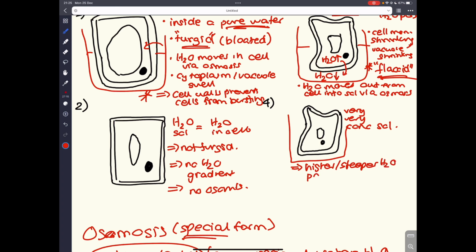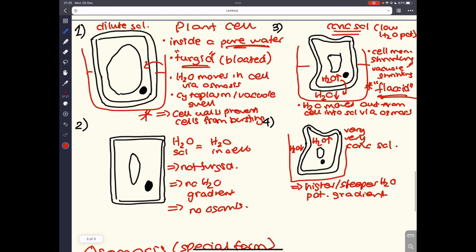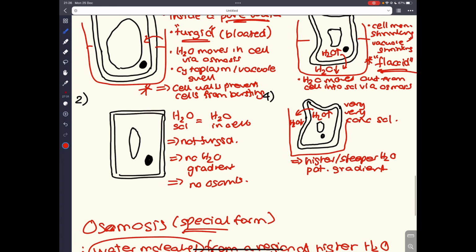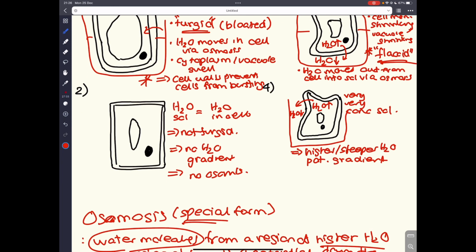If there is a higher gradient, the water inside the cell is obviously higher, and the water outside the cell is obviously much lower than in the previous example of number 3, so the water is going to move even more than in 3. So the cell is going to become really, really flaccid.